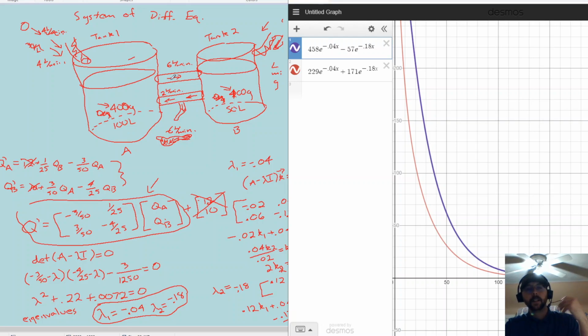So anyway, whatever quantity is in A is assumed to be traveling with a faster flow rate into B. So that should mean more salt, because if the concentration is the same in both, which, oh, actually, that's something I forgot to take in, the concentrations won't be the same because this is a smaller volume.